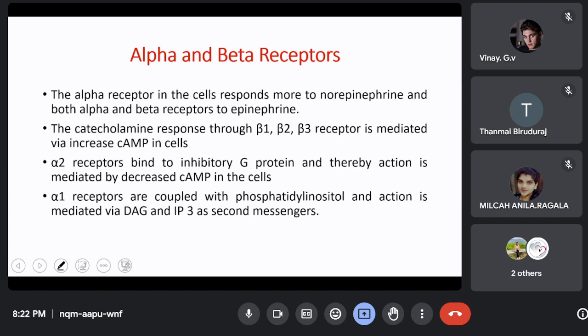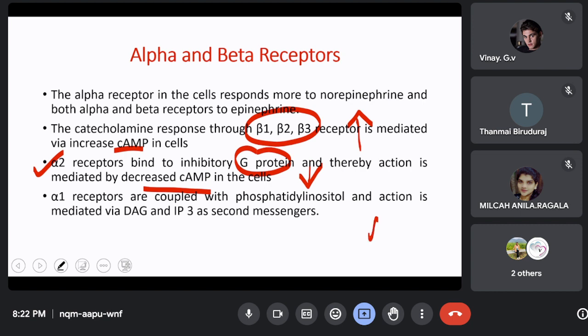Whereas coming to the alpha receptors, alpha 2 receptors bind to inhibitory G protein, thereby the action is mediated by decreased cAMP in the cells. Okay, and here, in beta receptors, cAMP is increased, because we have already discussed signal transduction.